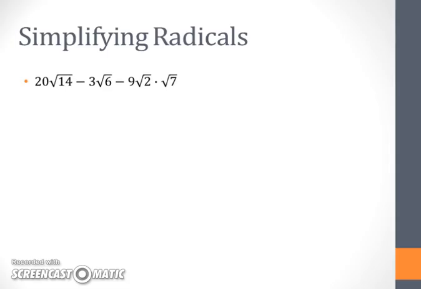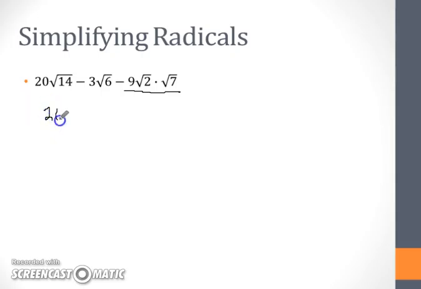Taking a look at this example, when we're combining like radicals, we also have to pay attention to order of operations. Proper order of operations means you do all the parentheses first, then any exponents, then any multiplying or dividing, and then adding and subtracting. In this example, I can see I have multiplying. You would need to multiply first before you add or subtract anything.